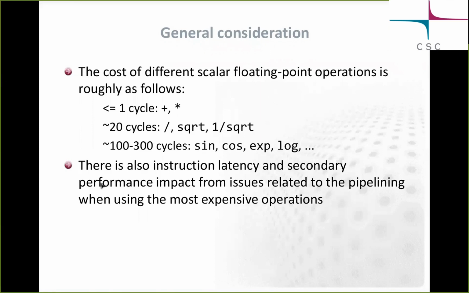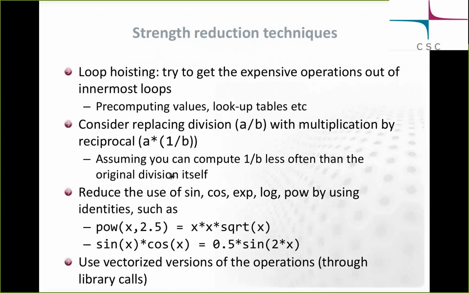And there's not only the cost of the operation, but also some secondary performance considerations related to using these operations. So what can I do is, first of all, try to get the expensive operations out of the innermost loops, so pre-computing some values. If it's just a constant, then compute the constant and store it in a variable and multiply with the variable, for instance.